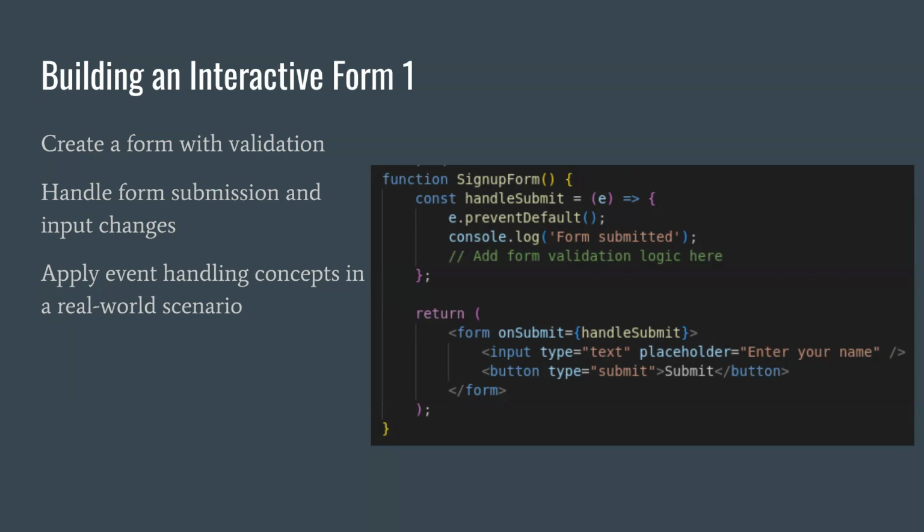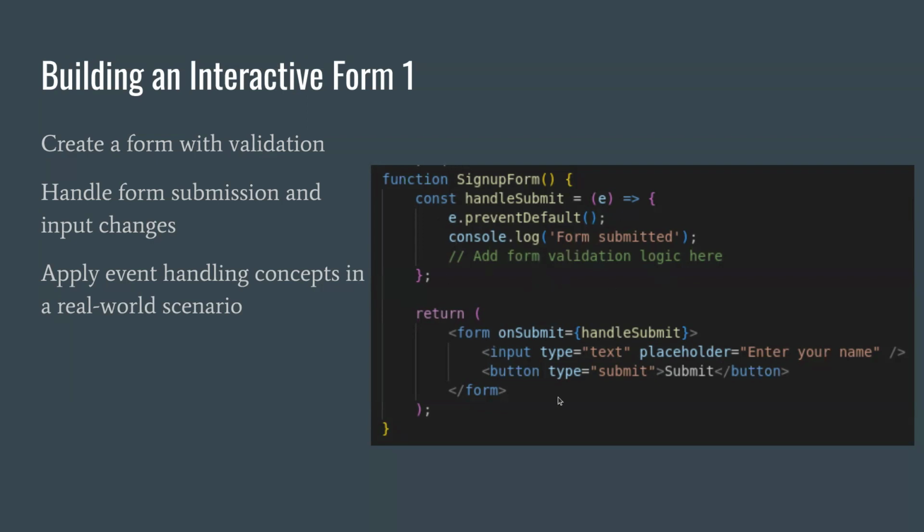The goal is to implement event handlers for form submission and input validation, so that you can provide instant feedback to the user. This will involve preventing the default form submission behavior, handling input changes, and maybe even stopping propagation in certain cases. It's a great way to apply the concepts in a real world scenario.